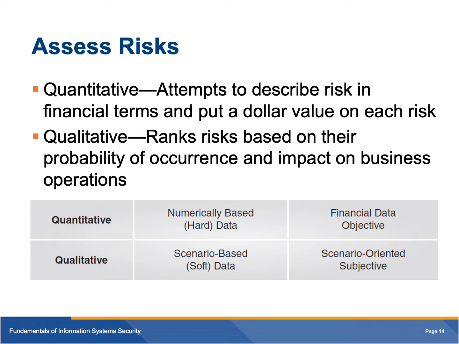So here we're more in the qualitative kind of scale. We're ranking risks based on probability and impact on operations, but we're not actually putting a number to it. So like an ordinal scale, low, medium, high, but definitely not a number value to it.